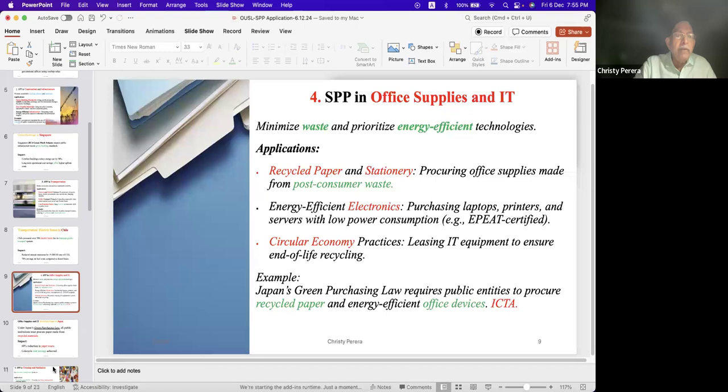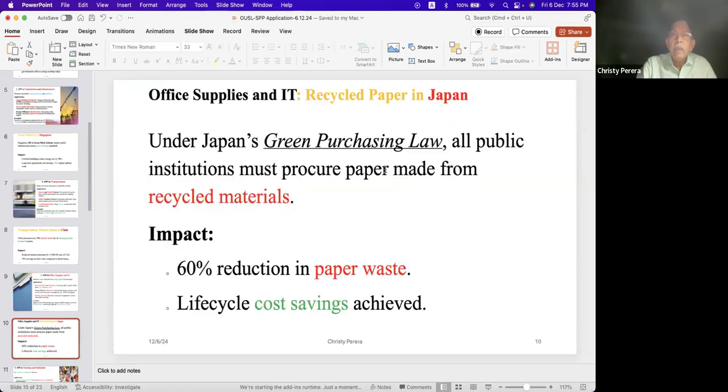Again, I will take another example. Same thing, recycled paper in Japan. What I want to give you here are some amounts, percentages, under Japan's green purchasing law. They have a procurement law called the green purchasing law; the Sustainable Public Procurement Law, they name it green purchasing law.